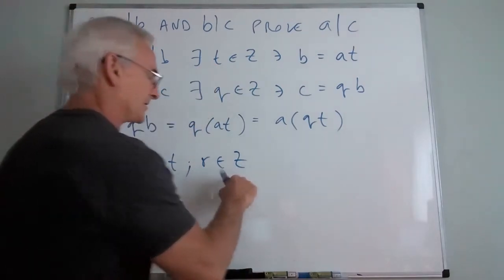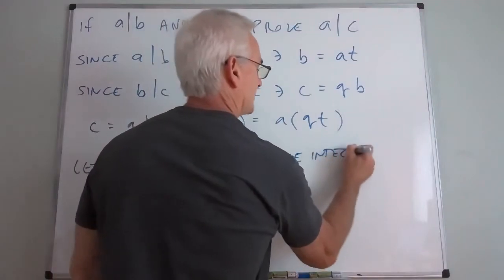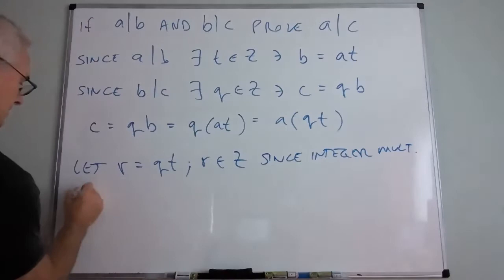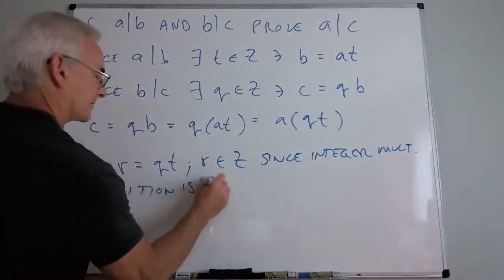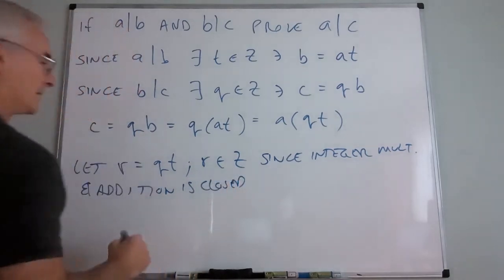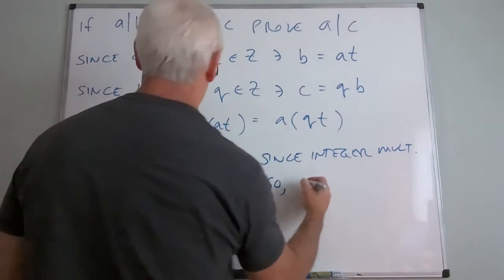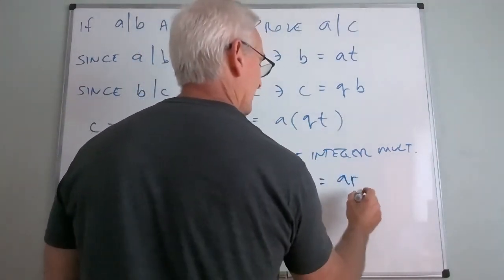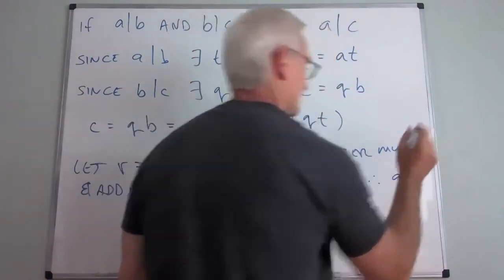R is an integer since integer multiplication and addition is closed. So what have we just shown? So C equals AR, therefore A divides C.